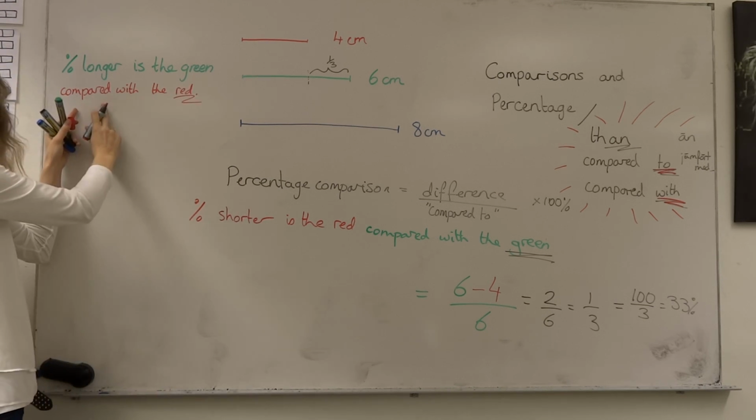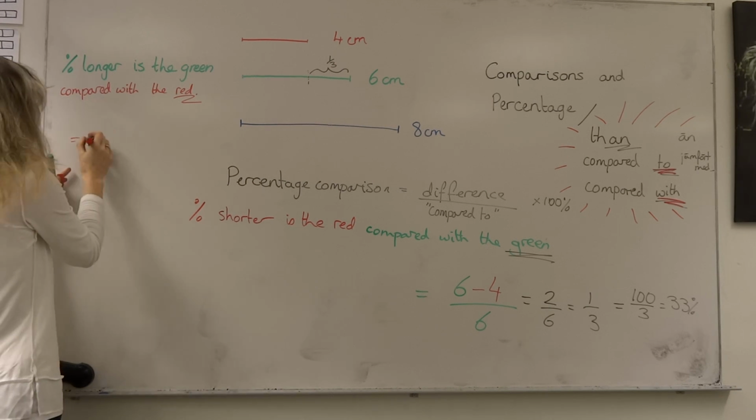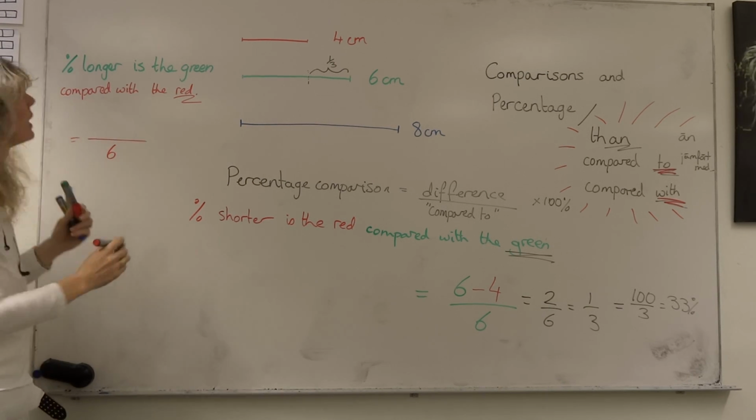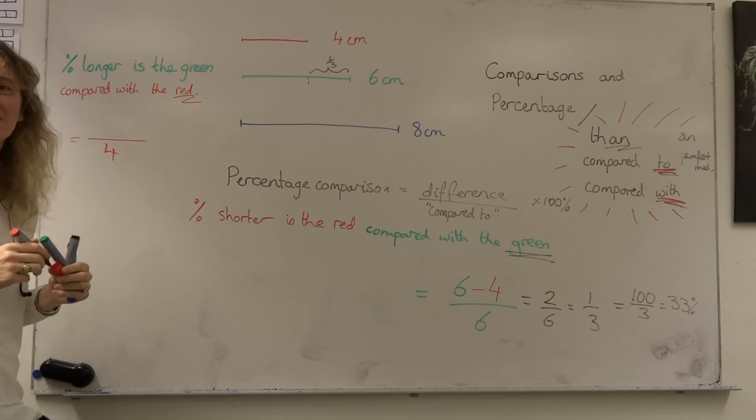After the word compared with, I have red, so I know before I do anything else that the number I'm going to have on the bottom here is going to be the red length, which is 4 centimetres.